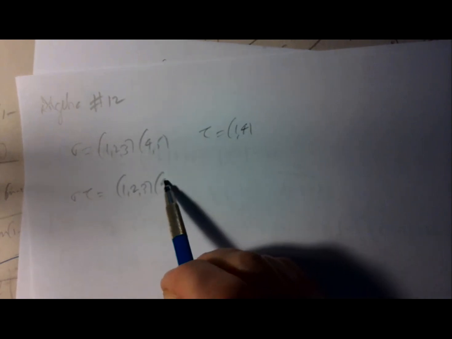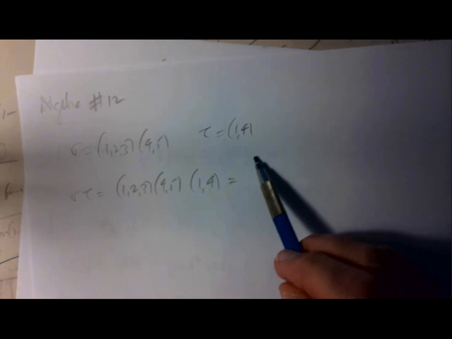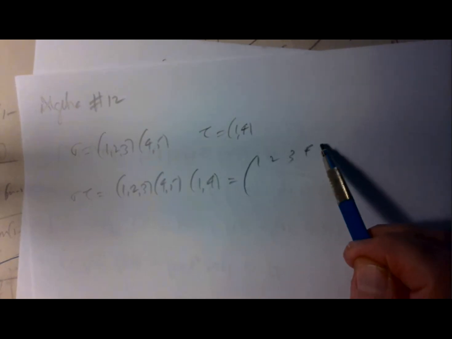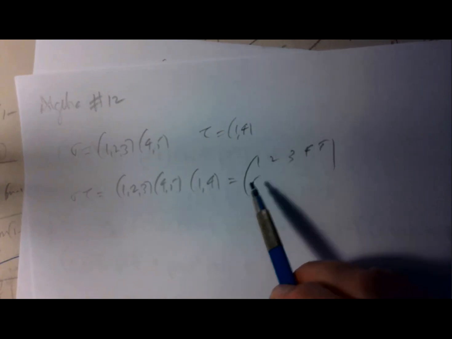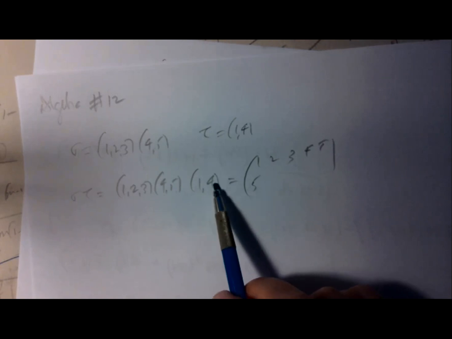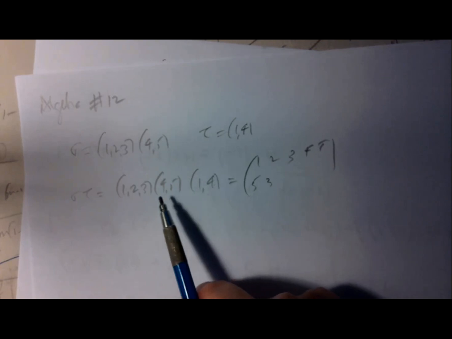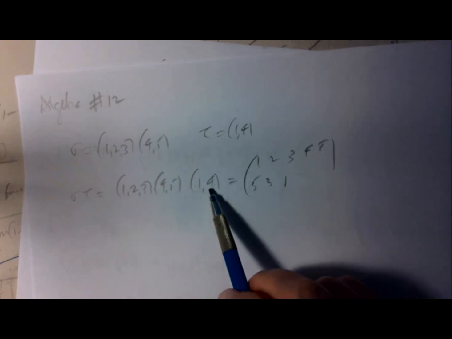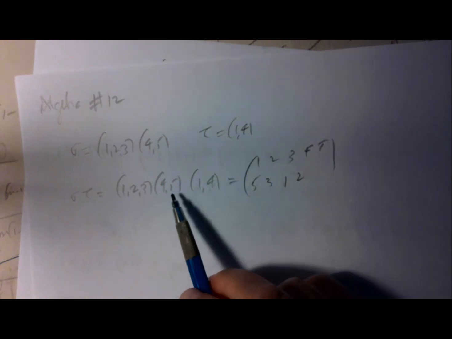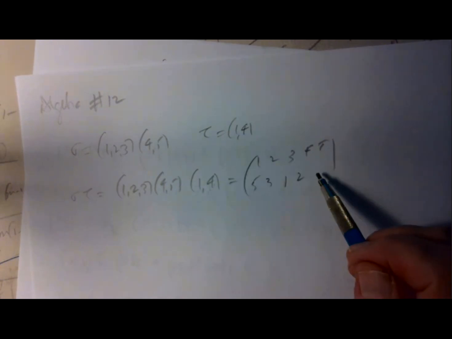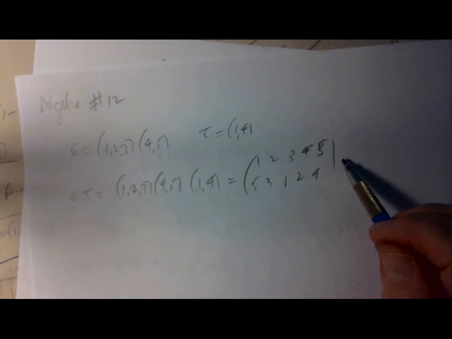It's (1 2 3)(4 5) followed by (1 4). Let's write that in standard form. So this sends 1 to 4, and then 4 to 5. 2 goes to 2, then 2 goes to 3. 3 goes to 3, then 3 goes to 1. 4 goes to 1, then 1 goes to 2. 5 goes to 5, then 5 goes to 4. So sigma tau is this permutation.